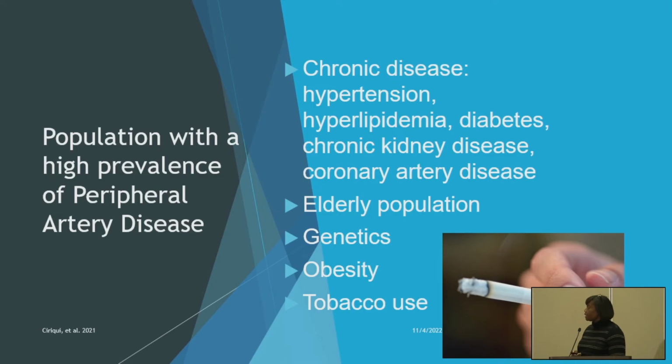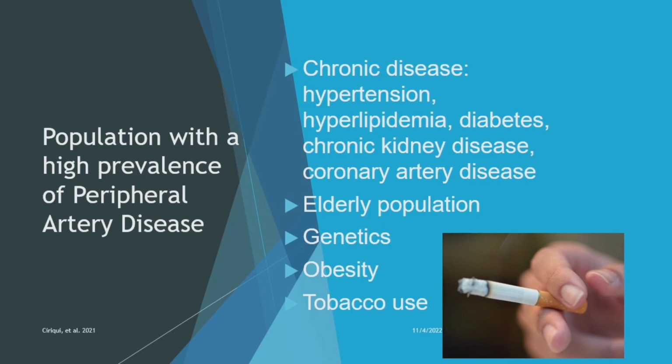Well, we already know that chronic diseases place these patients at a very high risk: the hypertension, hyperlipidemia, chronic kidney disease. And we know that as primary care providers, you see these patients and you know this population by heart. The CDC says that 8.5% of the population has peripheral artery disease, and 4 out of 10 of those patients are asymptomatic.